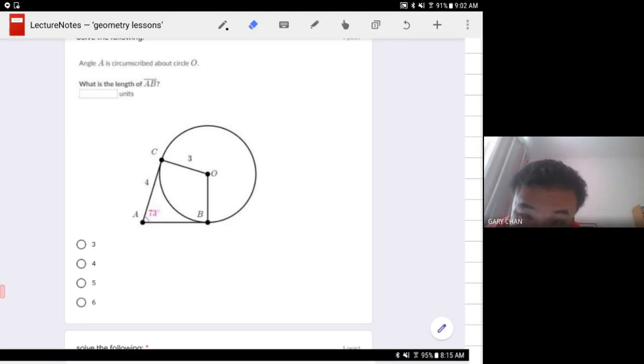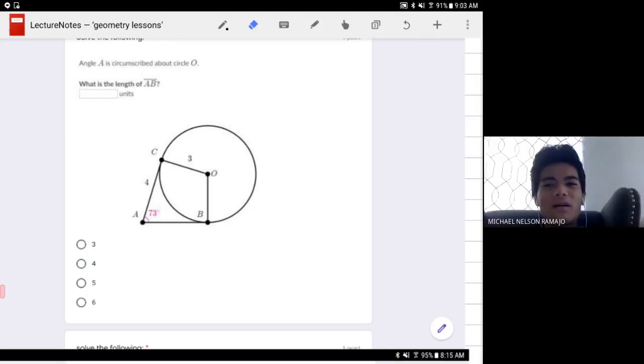Michael, what do you recall from yesterday? What is the relationship between tangents that intersect outside of a circle? For example, what is the relationship between length AC and length AB? Aren't they supplementary?